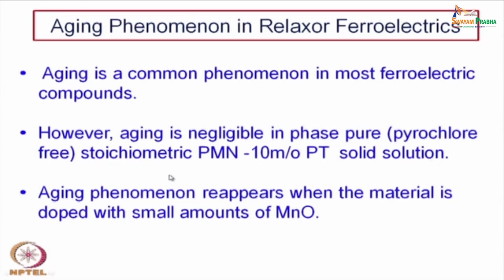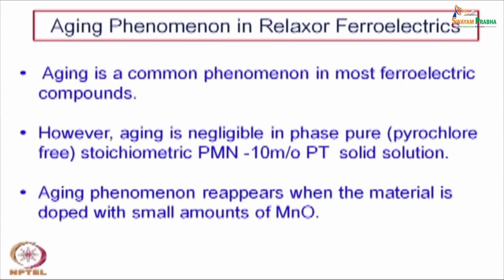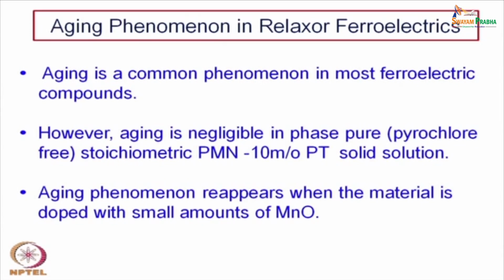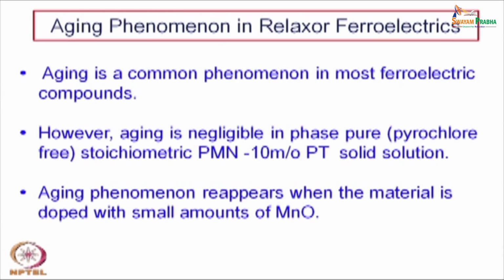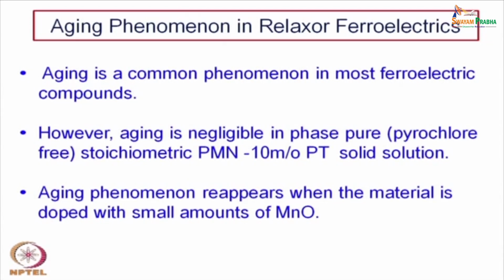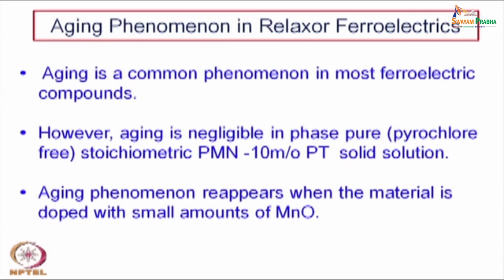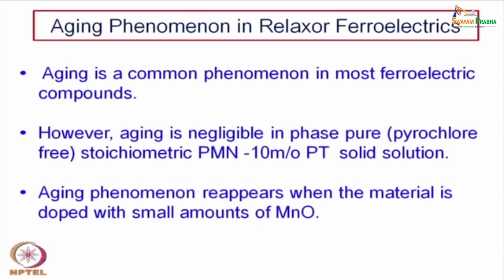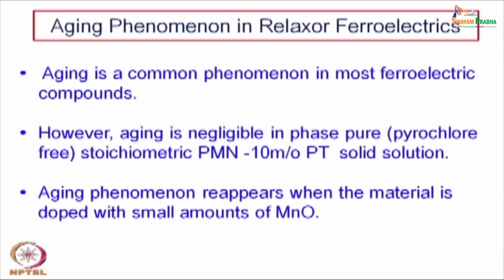In fact, one of the reasons why it is a better actuator material than PZT is its aging characteristics. Aging is a common phenomenon in most of the ferroelectric compounds, whereas in relaxor ferroelectrics, aging is negligible in phase pure, particularly pyrochlore free stoichiometric PMN, and it is much better when it is made a solid solution with 10 mole% of PT, and that is a very stable material.